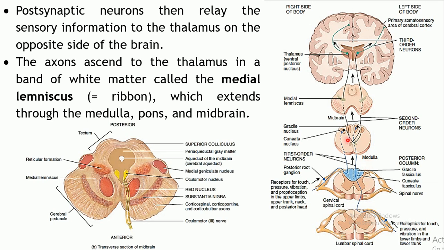In the meantime, it passes through this particular structure called the medial lemniscus, which is the white matter which extends through the medulla, pons and the midbrain, all three parts of your brainstem.